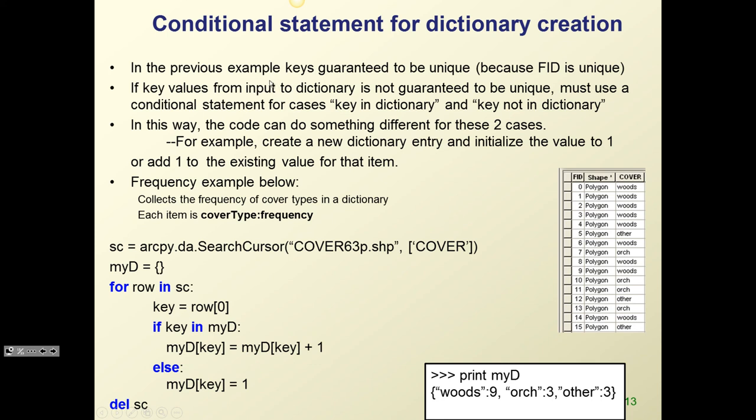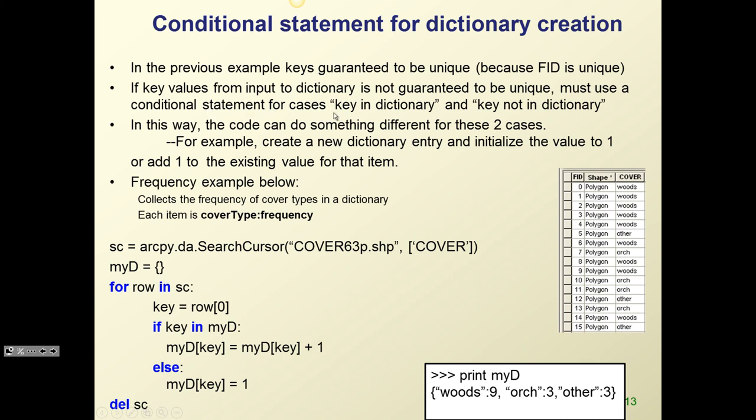So in the previous example, the keys were guaranteed to be unique because we were using the FID, which is unique. That's enforced by the GIS, the shapefile format, which has to have a unique identifying value as FID. But if the key value from the input dictionary is not guaranteed to be unique, as Samantha so greatly brought up a few minutes ago, you have to use a conditional statement for some cases.